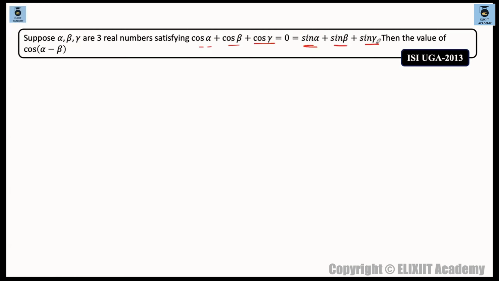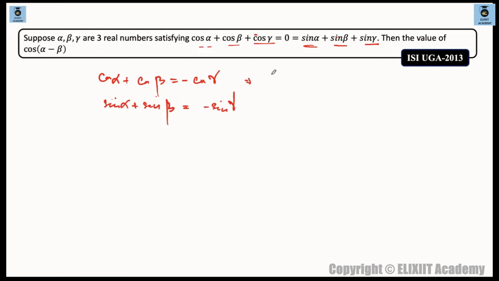So cos alpha plus cos beta is equal to minus cos gamma, and sin alpha plus sin beta is equal to minus sin gamma.